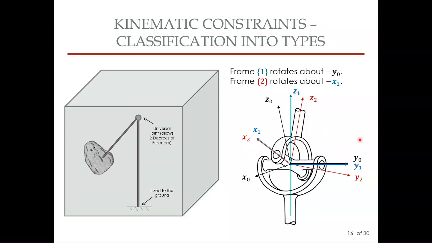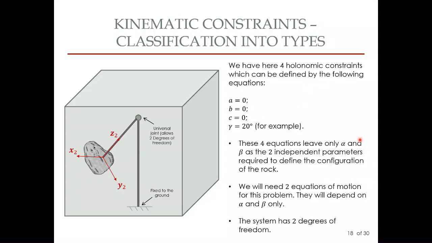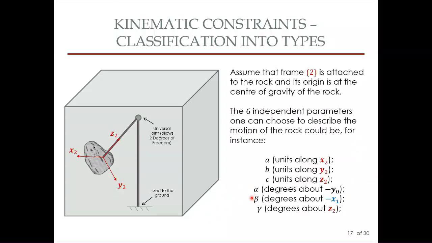So these are the 2 degrees of freedom and the 2 parameters that I could assign, alpha and beta, for representing what happens here.